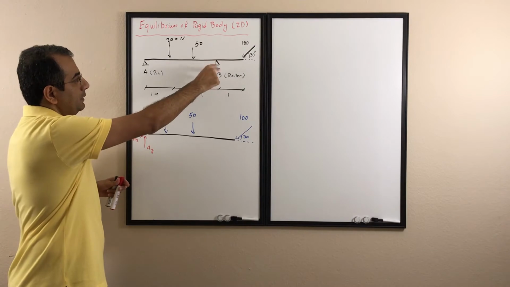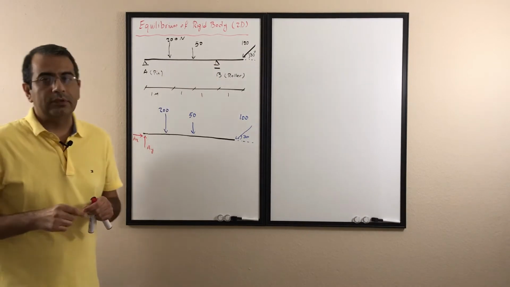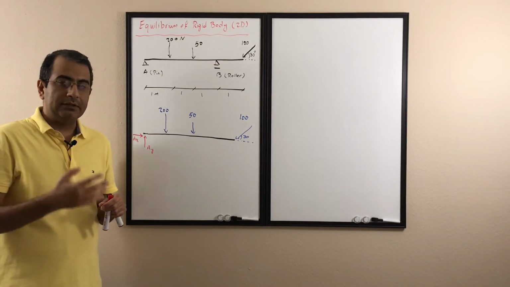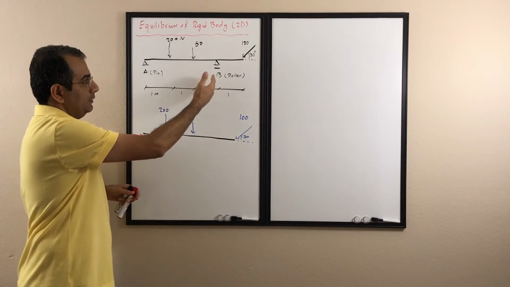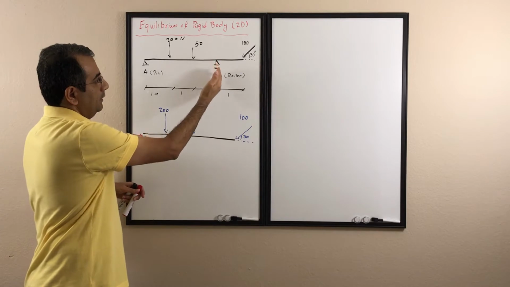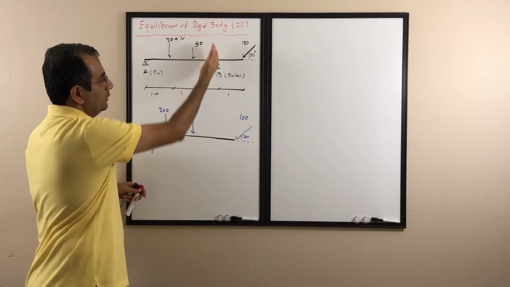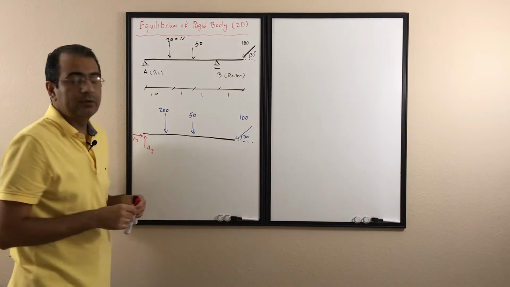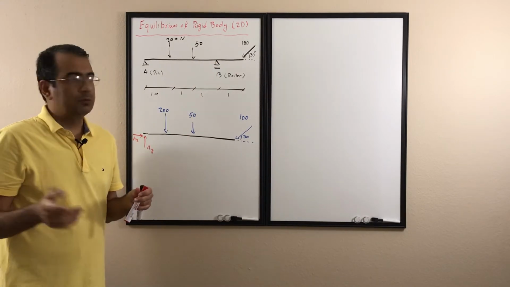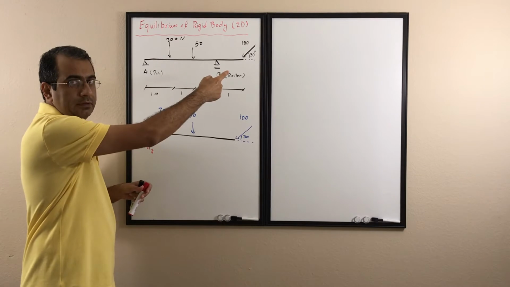For the point B, it is the roller. The only direction the roller restricts is normal to its surface. The normal direction here is up and down, so it just restricts the beam from moving up and down. It doesn't restrict the beam from moving left or right.